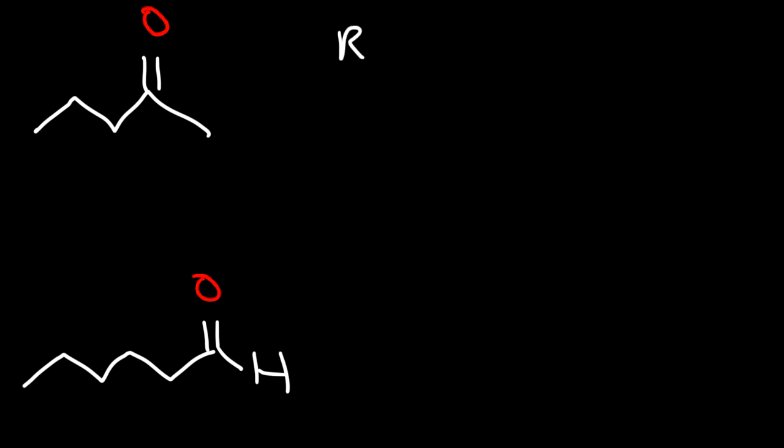So what about this molecule? What type of functional group does it represent? And let's compare it to this one. So the first one has the generic formula RCO and then some other R group.